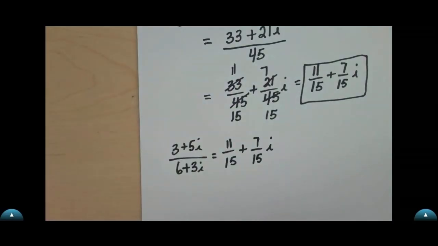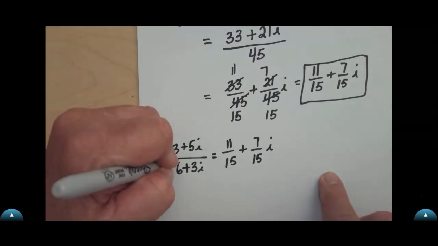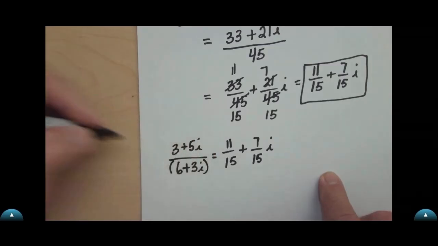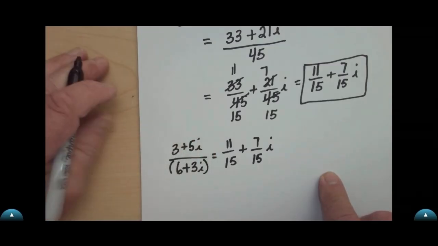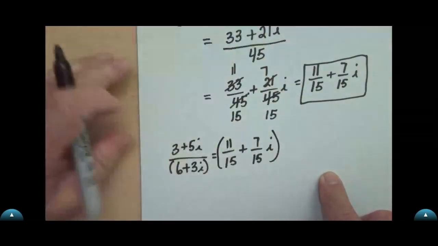Remember that if we really did a division problem and did it correctly, we can prove that this is the correct answer. We would need to multiply our divisor, 6 plus 3i, the thing that we were dividing by, times our quotient, our answer.